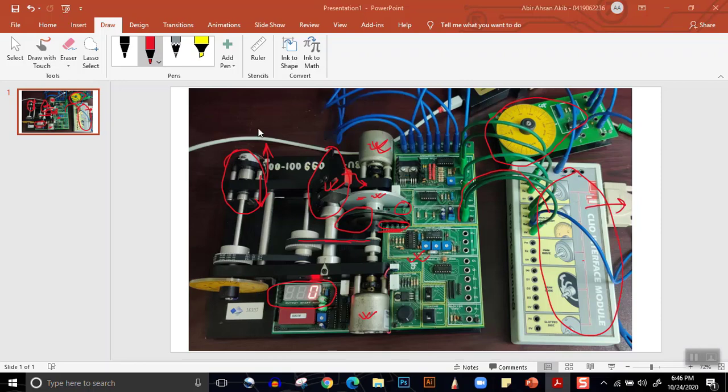We are seeing how the motor reacts, but we are taking all the data from the interface module. Since all the data are taken from the interface module, we are visualizing the data on the computer screen. We are just seeing how the motor rotates here.